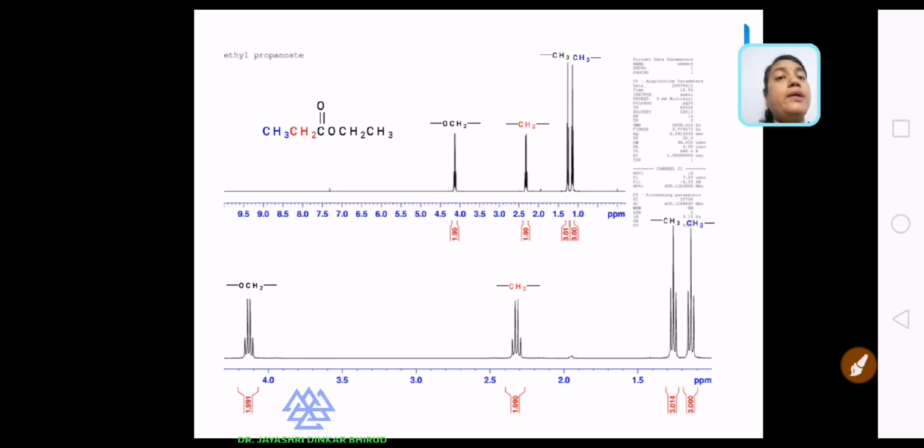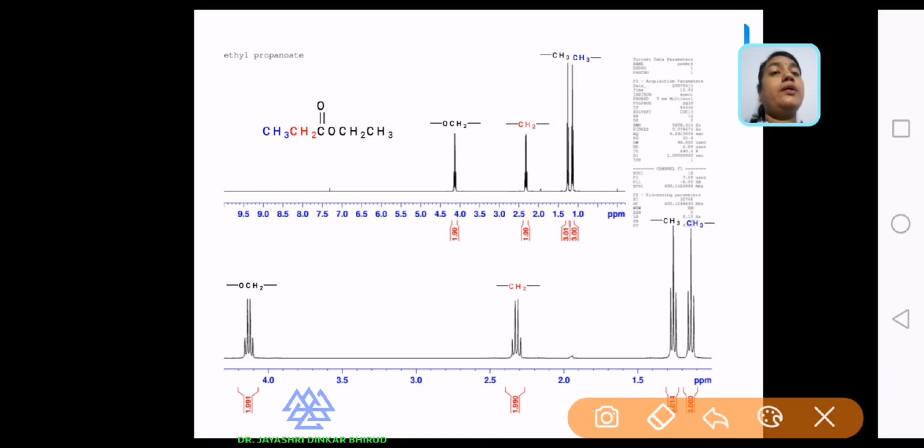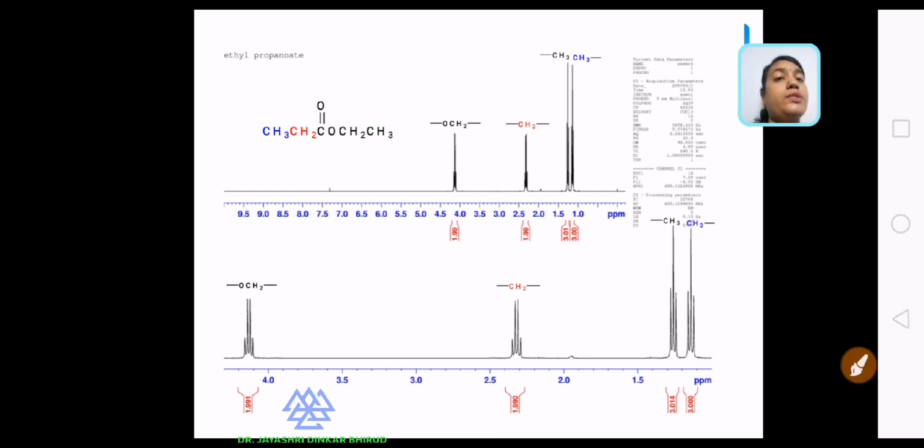Next example is ethyl pentanoate. In this ethyl pentanoate, see here, again the same. This contains 2 CH3 groups. These 2 CH3 groups are in different chemical environments.